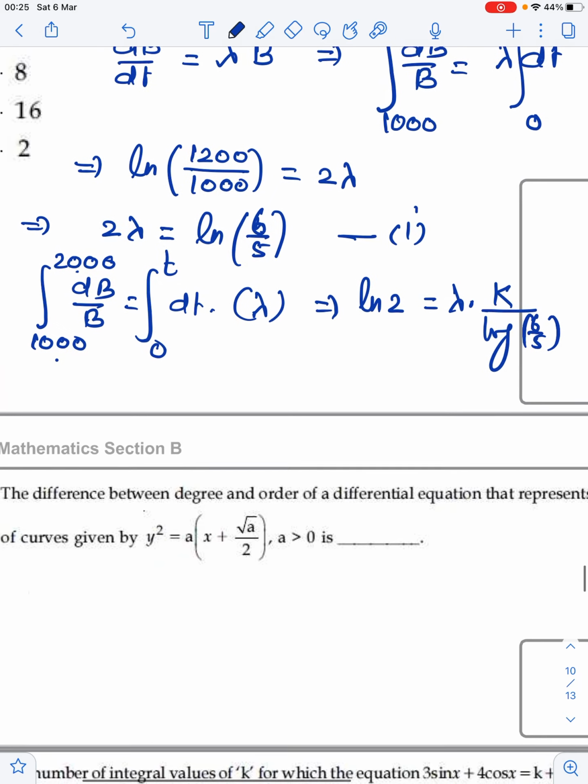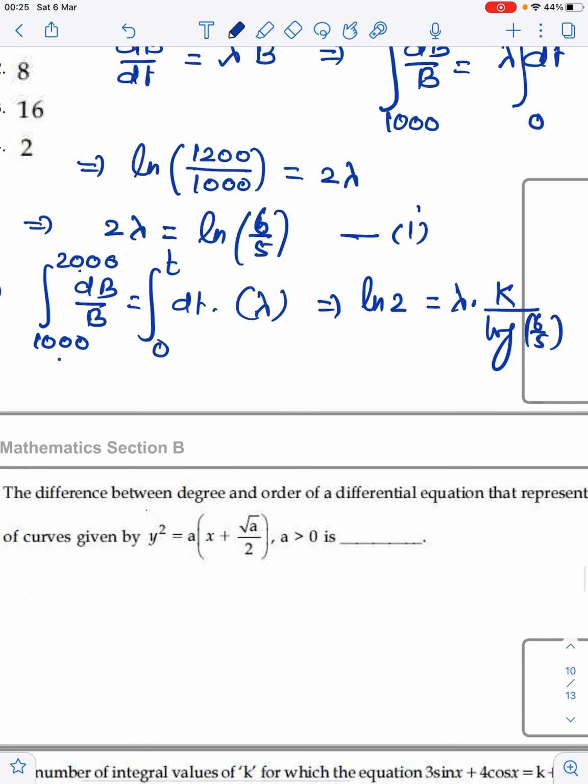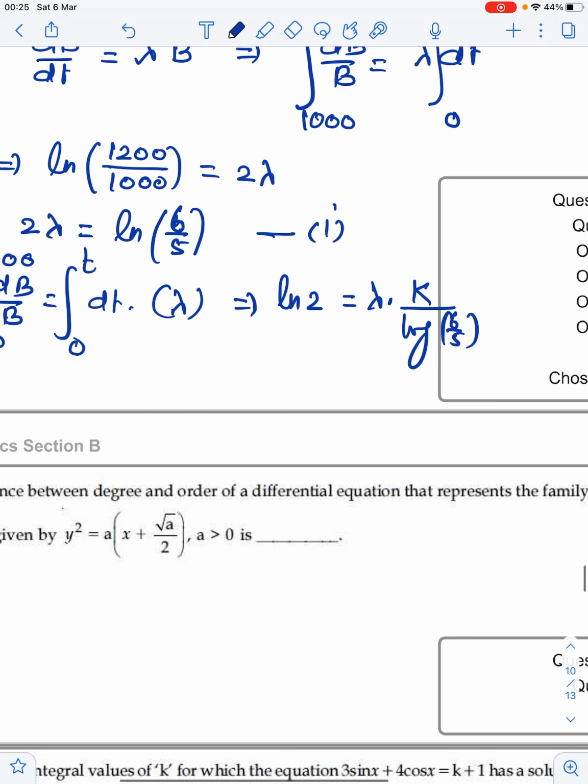So now from both the equations we can get the value of lambda. Now put the value of lambda from the first equation into the second. So ln2 is equal to lambda, which is ln of 6 by 5 by 2, into K by ln of 6 by 5.